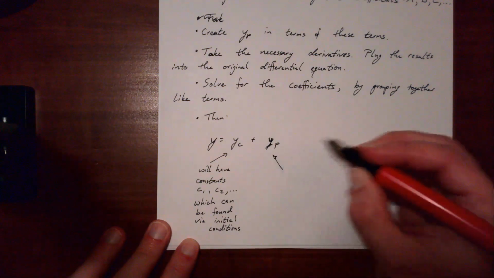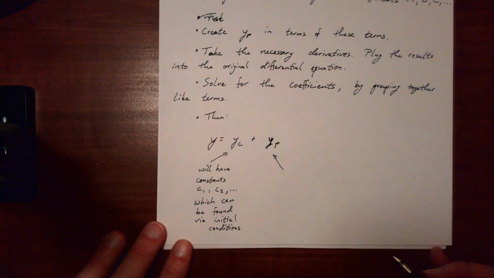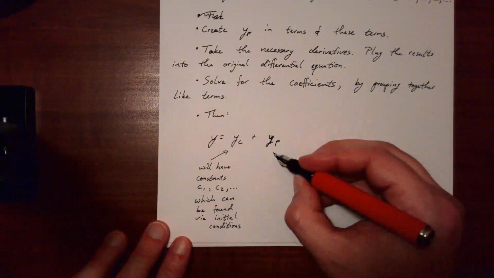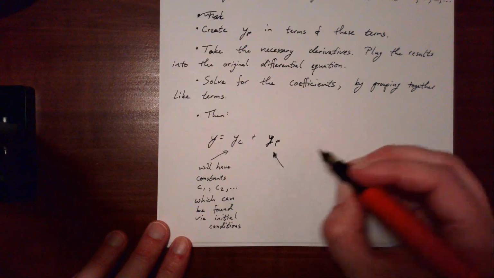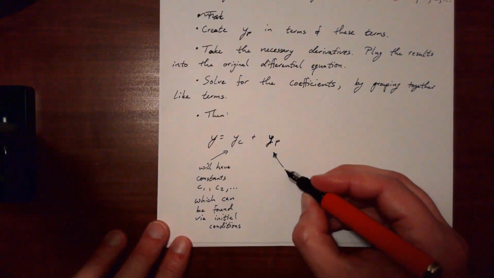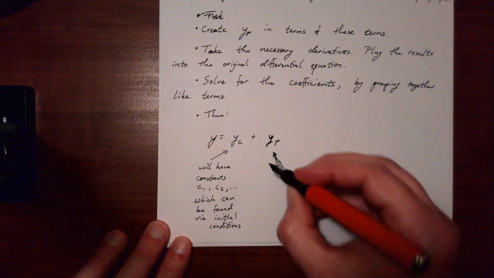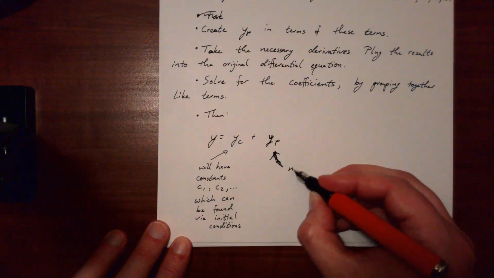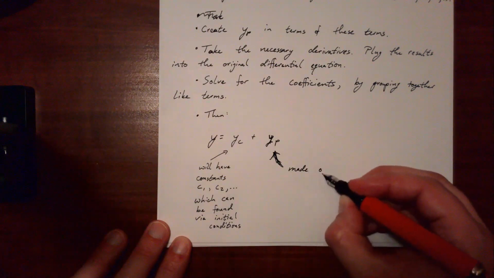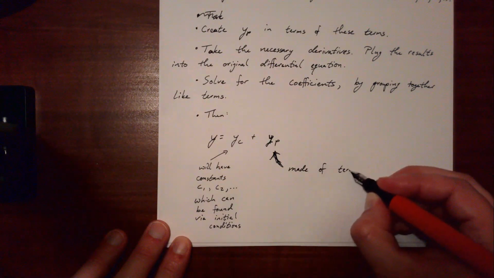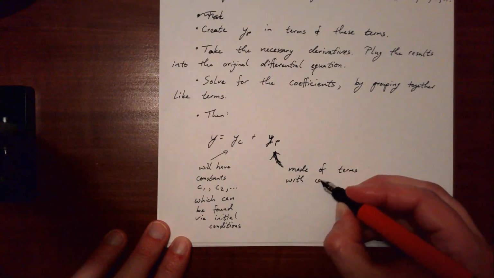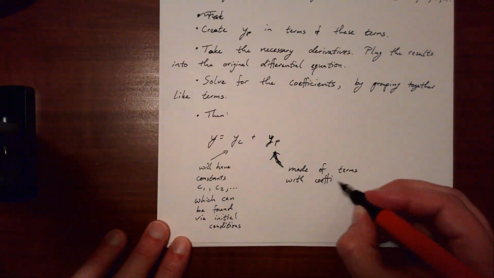Whereas yp here is independent of the initial conditions, and it just represents the particular solution, and it will have all of its coefficients found. So this one will be made of terms with coefficients found as above.